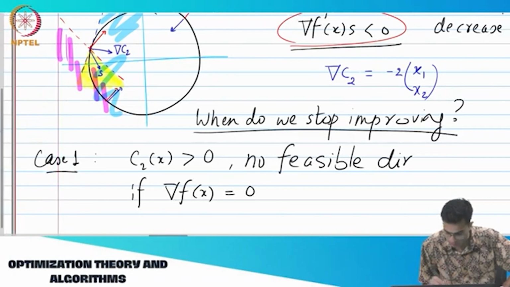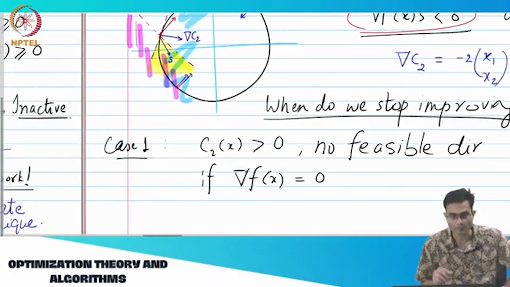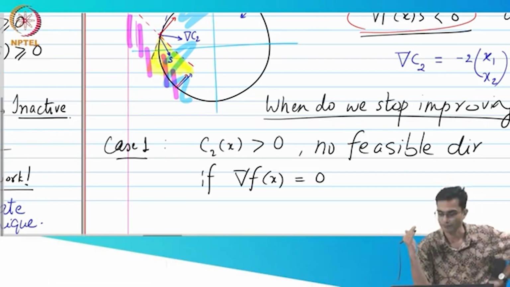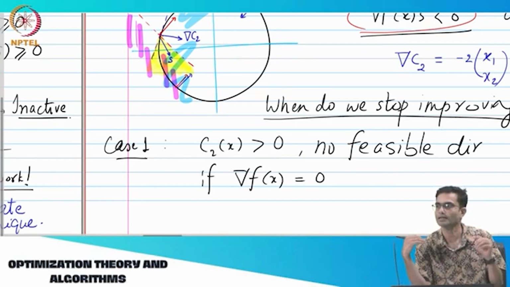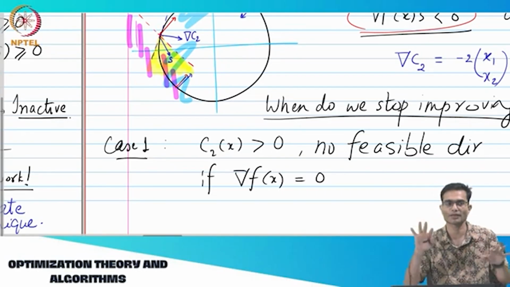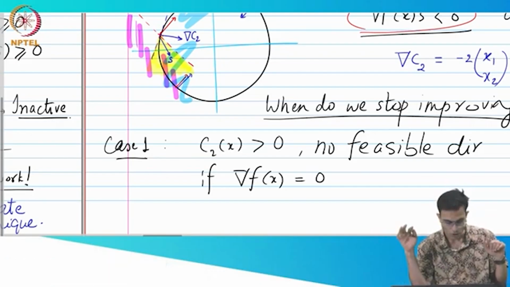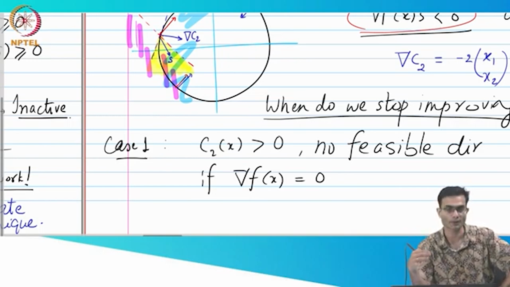Now, remember when we discussed the equality constraint, we had introduced a Lagrangian. The idea behind introducing the Lagrangian was to make a one-to-one comparison between constrained and unconstrained optimization. So, in the language of the Lagrangian, how can I quantify case 1?